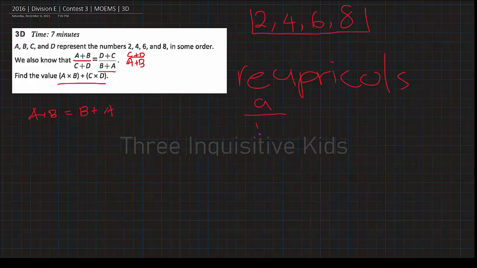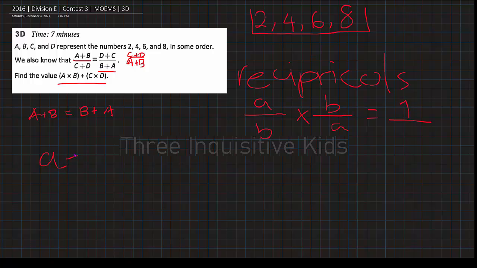The rule is that A over B times B over A, so that these two fractions are reciprocals, always equal 1. And we know that these two fractions equal each other. So what does this mean?